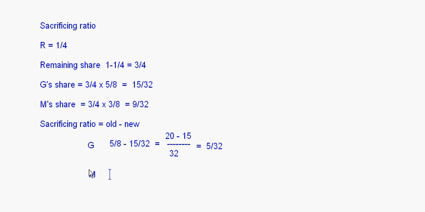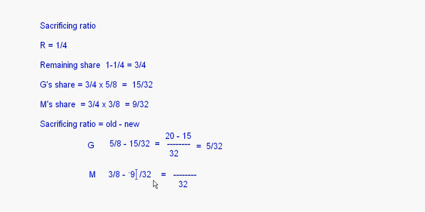And for M you will find out, it will be 3/8 minus 15 divided by 32. So this comes to 32 here, the denominator. So 4 3s are, I put it wrongly here, 1 minute. This is not 15 for M, this is 9.